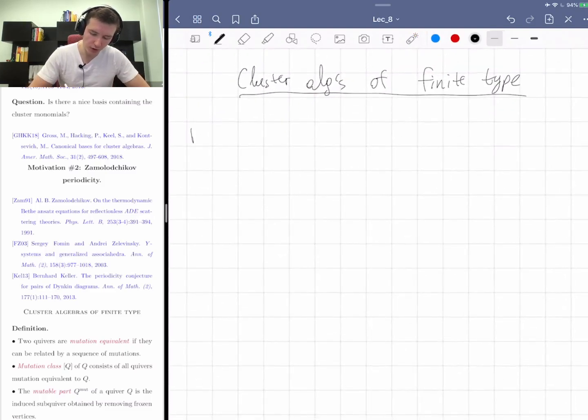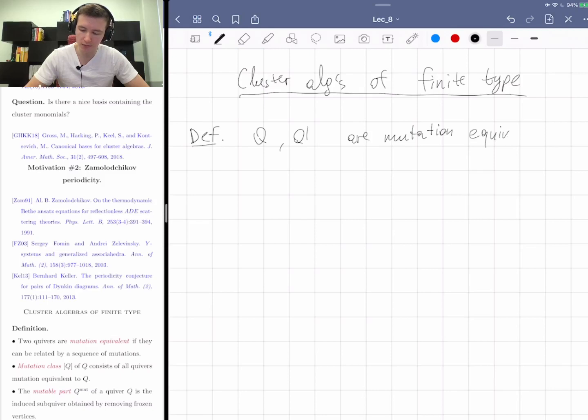Definition. Let's say I have two quivers, Q and Q prime. Then I say Q and Q prime are mutation equivalent if, and that's the obvious notion, they are related by a sequence of mutations.